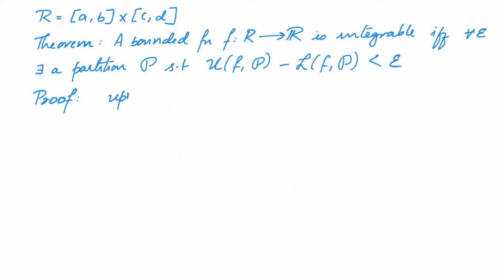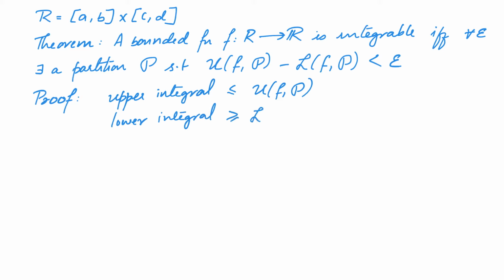The other half of the proof is even easier. Whatever be the partition P, we know that upper integral will be less than or equal to U(f,P). Similarly, lower integral will be greater than or equal to L(f,P). This is true for all partitions. Therefore, upper integral minus lower integral will be less than or equal to U(f,P) minus L(f,P) for all partitions.